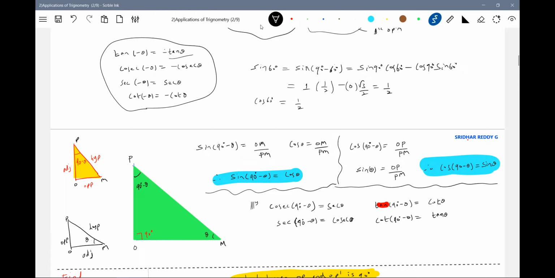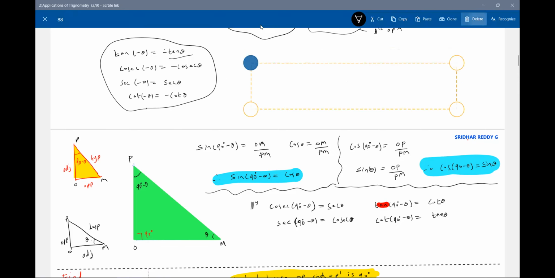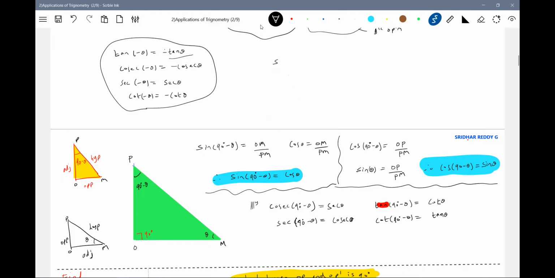I'm just trying to prove something here. If you're finding this difficult, I'll take an example. Sine of 90 minus theta degree. Let theta equal 30 degrees.